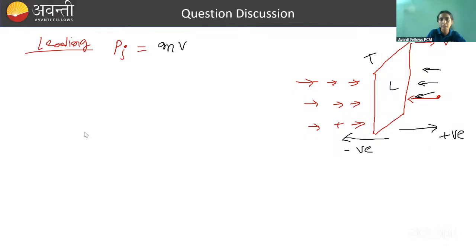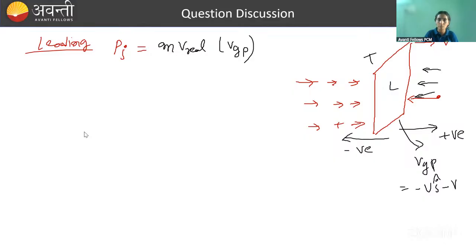M into V relative. Relative velocity means this is velocity of gas with respect to the plate. What will be velocity of gas here with respect to plate? Batao. Gas is traveling in this direction. So that is equal to minus u i cap, and plate is moving in this direction, so that is minus v i cap.